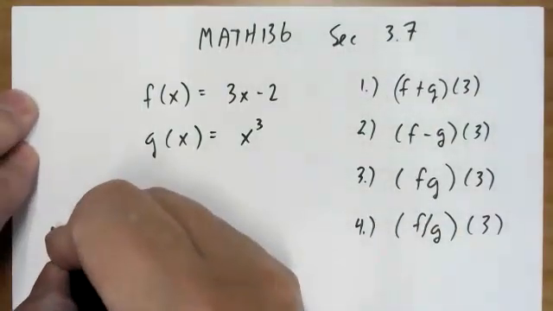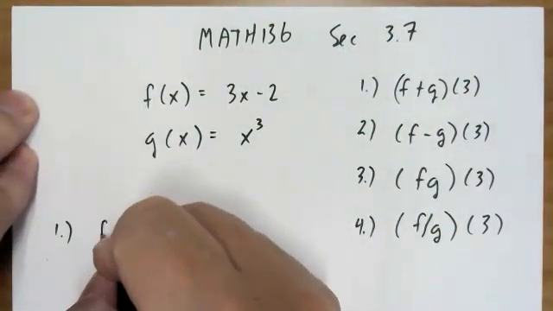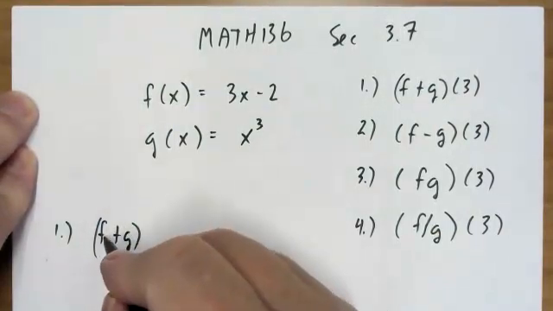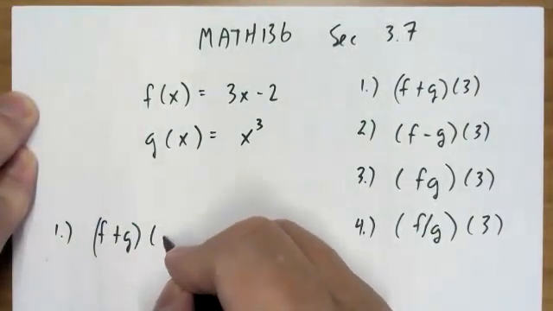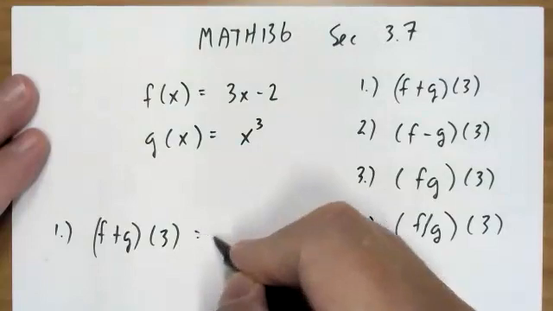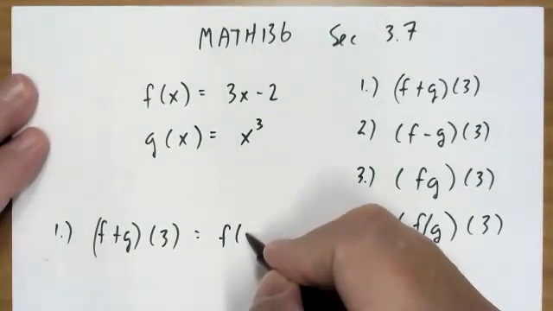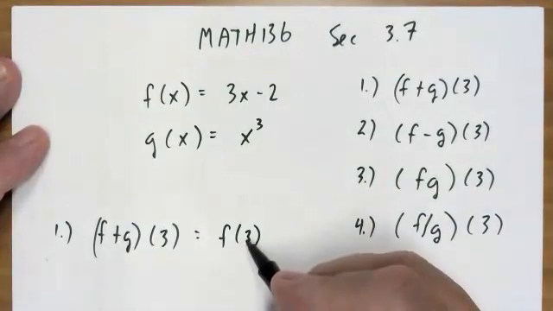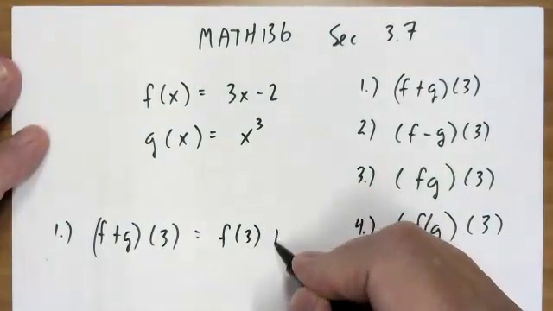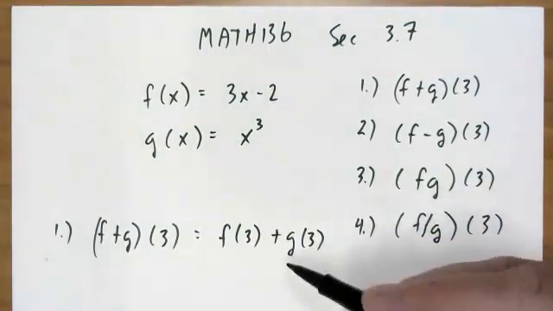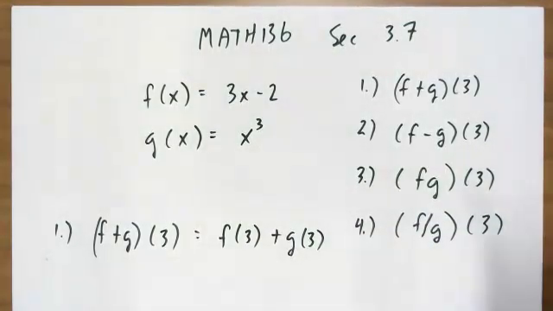This first problem, where we want to determine what we get when we add the two functions together and evaluate them at 3, you can also think of as taking the f function and plugging in 3 for x, and then adding it to the g function with 3 plugged in.